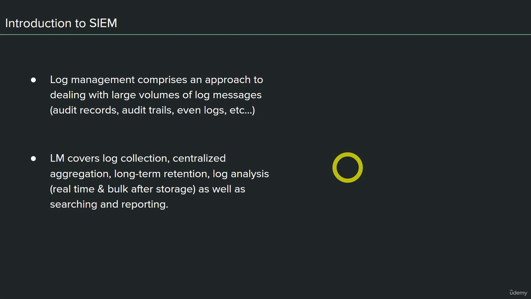We need SIEM in order to deal with large volumes of log messages, such as audit records, audit trails, event logs, application logs, etc. Log management covers log collection, centralized aggregation, long-term retention, log analysis, as well as searching and reporting.